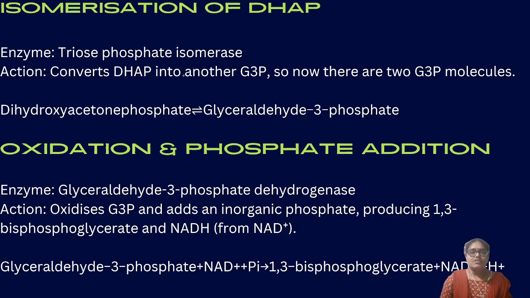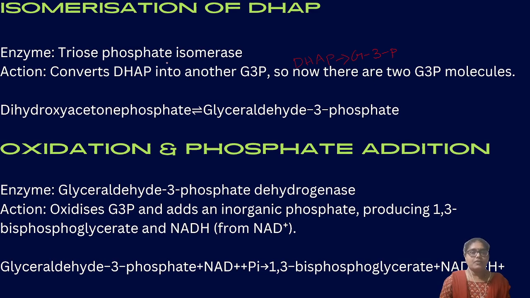Next step is isomerization of the DHAP. In order to continue the glycolysis step, DHAP must be converted into G3P. DHAP is isomerized to G3P. It occurs in the presence of the enzyme triose phosphate isomerase.